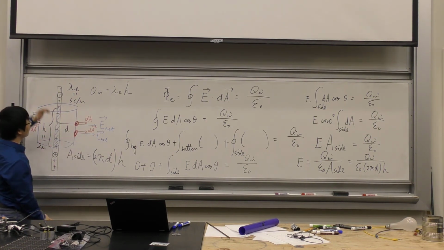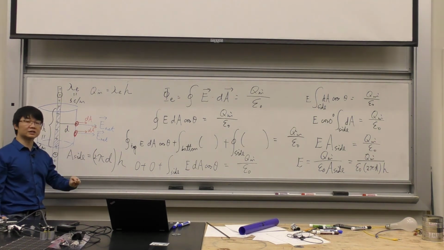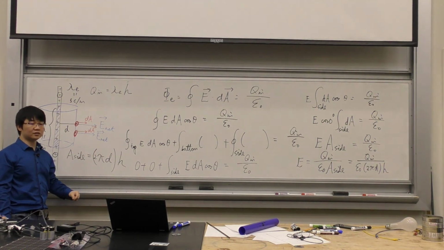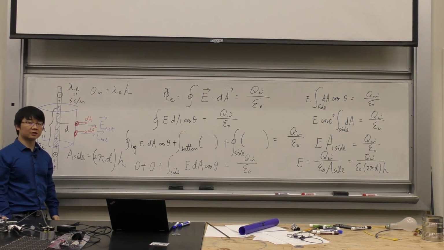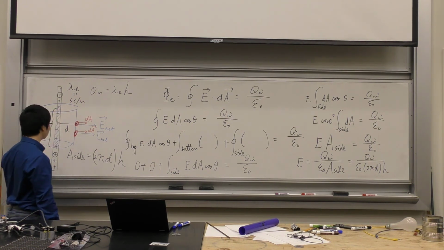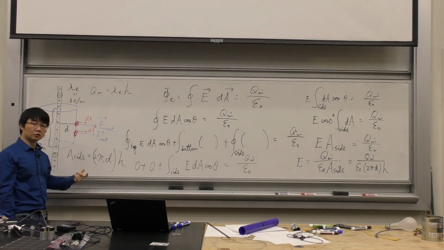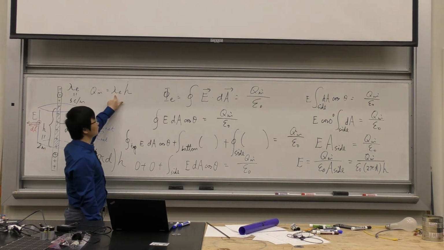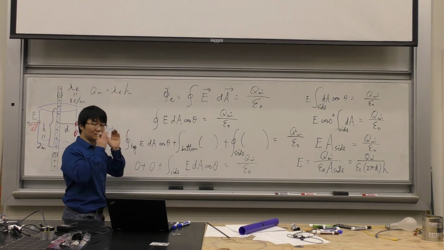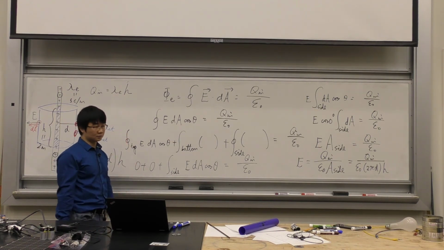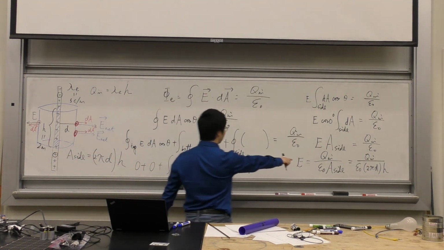For every meter, the rod has 5 coulombs. What is the charge on a 2 meter segment? Of course, that's 5 times 2, 10 coulombs. So all you need to do is multiply the linear charge density by the length of the segment you picked. That's what I plug in here.